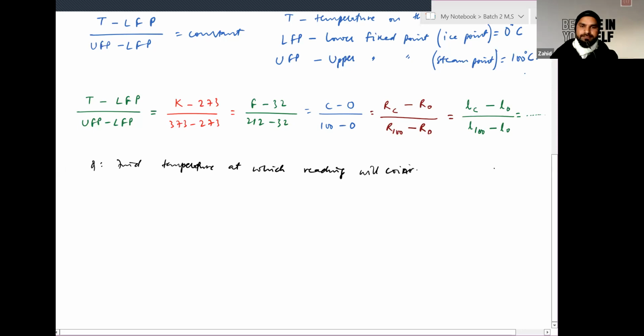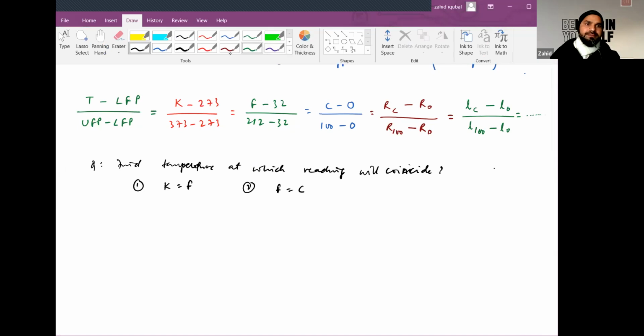First, Kelvin and Fahrenheit. Second, Fahrenheit and Celsius. Let me define you how to approach this part.